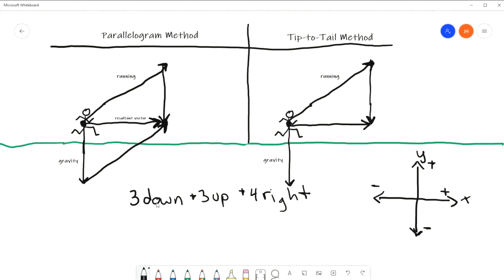So 3 down is like negative 3y, because I've gone down 3 units on the y-axis. 3 up is plus 3y. 4 right is plus 4x, because I'm going positive in the x direction. If I add all these up, minus 3 plus 3 cancels out, and I'm left with 4x, which is the equivalent of 4 units to the right.